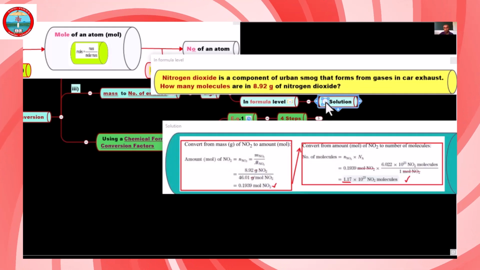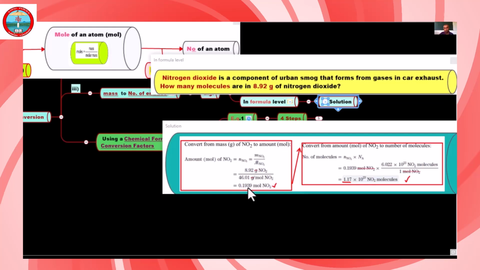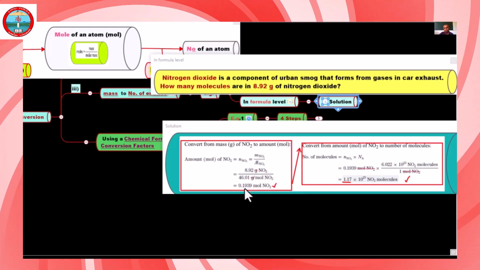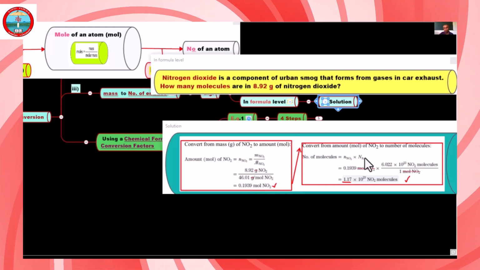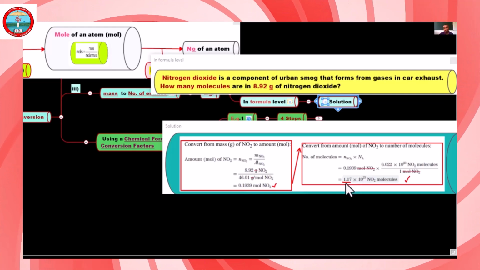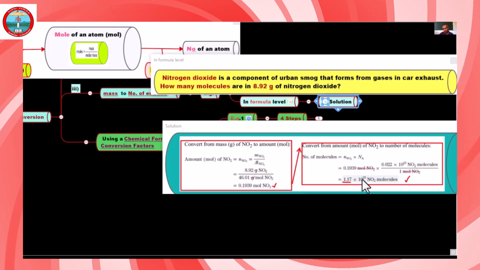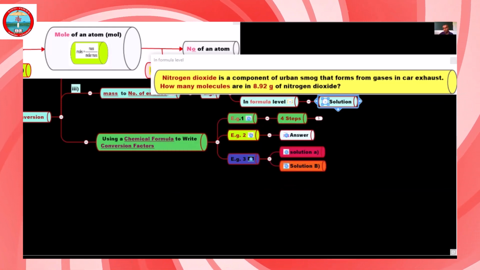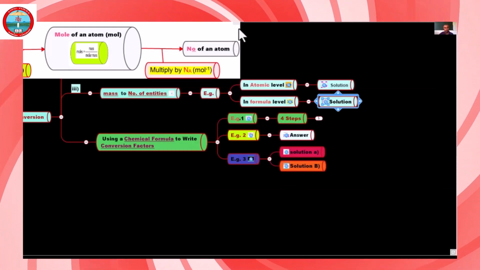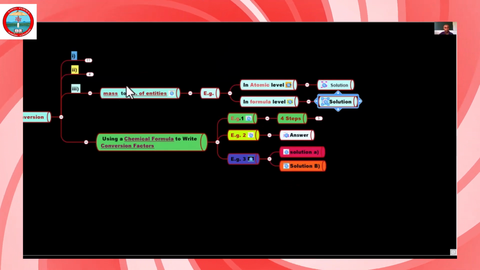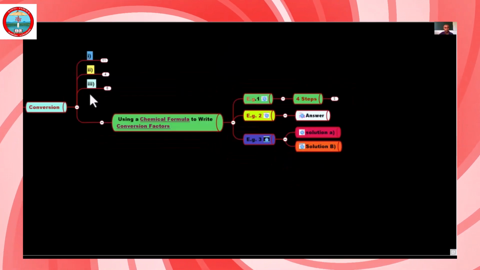The solution will be to first change the given mass into mole, that is the mole is this amount, and then multiply this mole by the Avogadro number. Finally we have 1.17 times 10 raised to 23 nitrogen dioxide molecules. This is the conversion of one component or one amount into another amount.